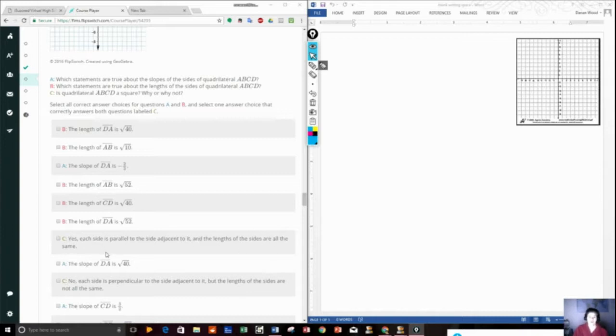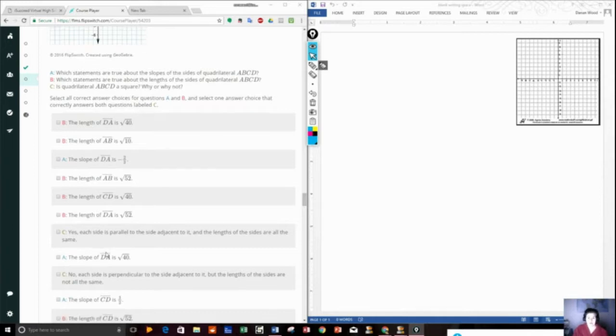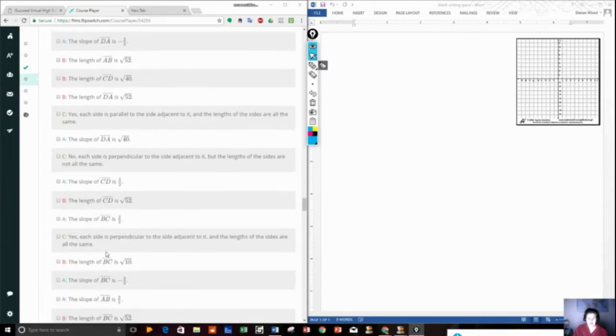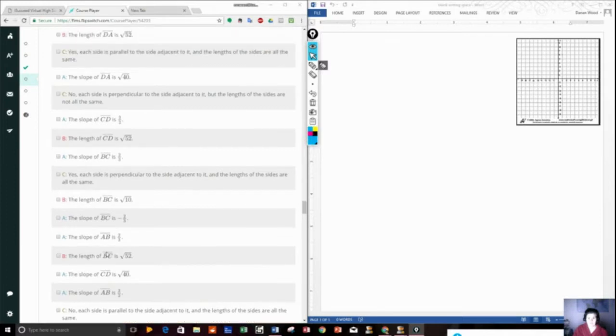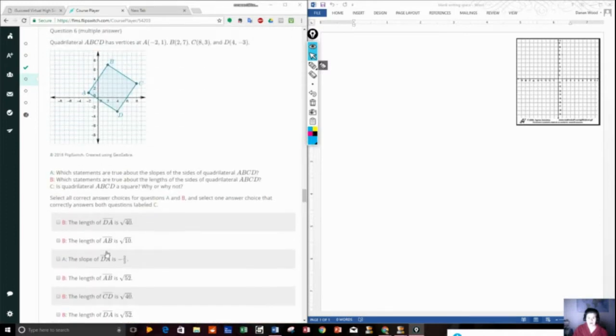Okay, so what are the qualifications for a square? They have to have opposite sides being parallel, and the side lengths all being the same, and they have to have 90-degree angles.